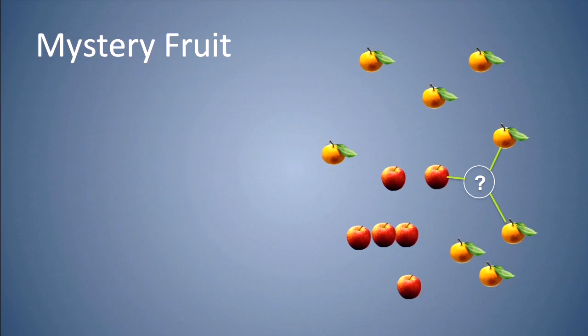And using this information, we are going to predict, or identify, our mystery fruit. So using K as 3, our mystery fruit is most likely an orange.